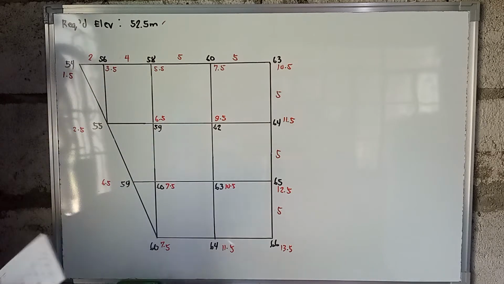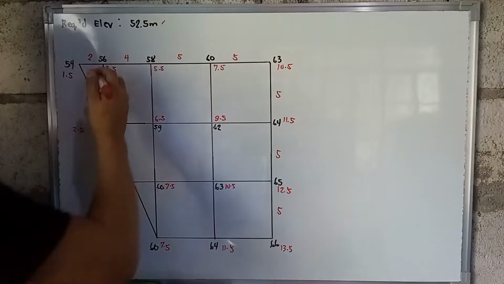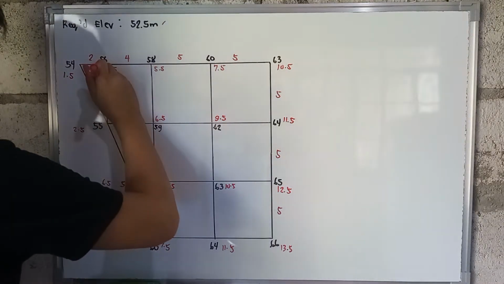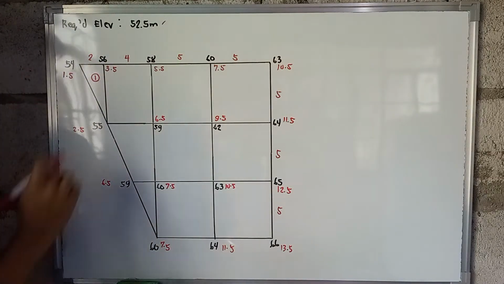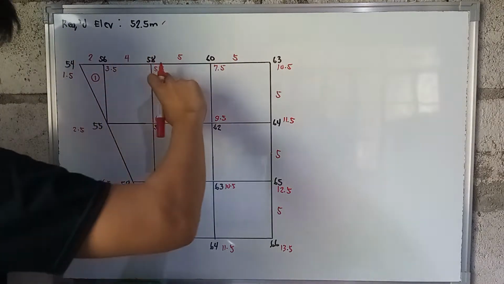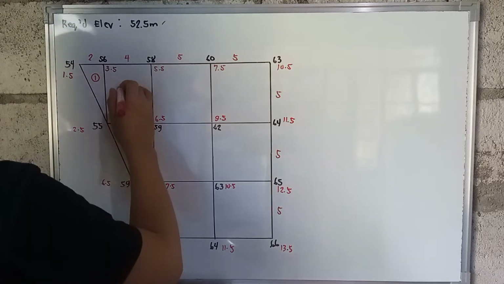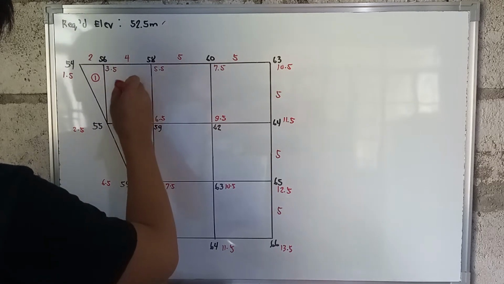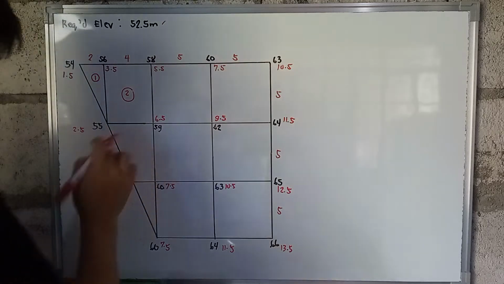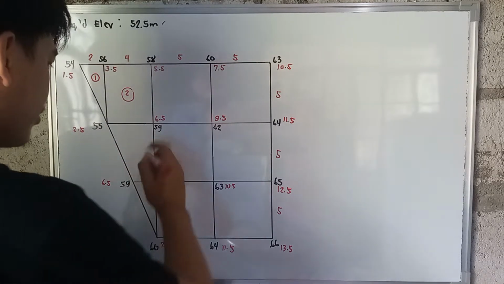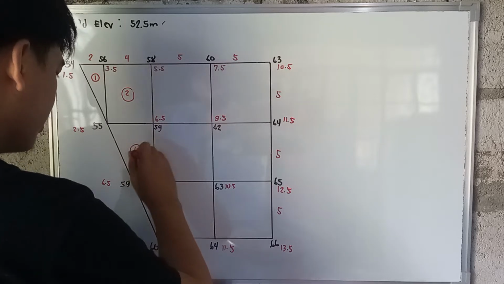So, let's consider eto na volume 1. Since wala naman siyang kaparehas, so next is yung 4 by 5 lot natin. That will be our volume 2. Tapos, etong trapezoidal part naman, let's say, that will be volume 4.